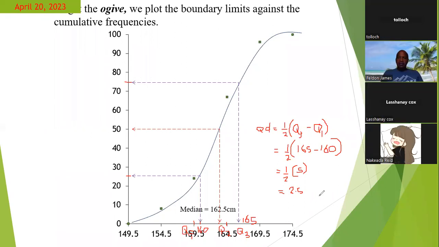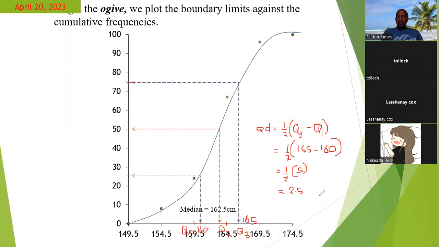Now let me see the hands of those who are able now to go through, construct your cumulative frequency table, and then to construct the curve or the graph, and be able now to find your median, your Q1, Q2 and Q3, and to calculate your quartile deviation.